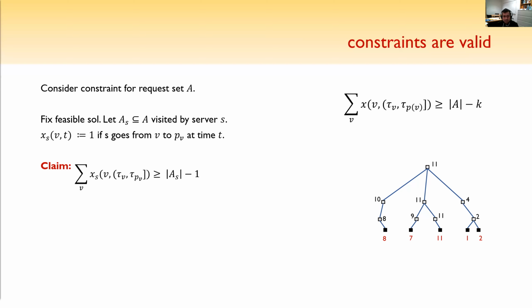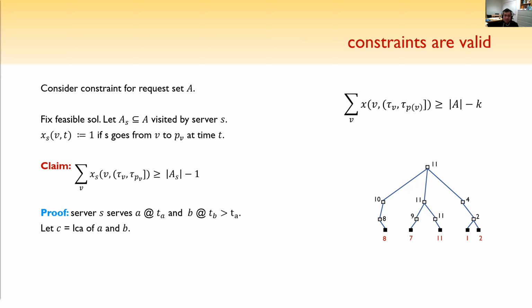And then the crucial claim is that if I sum up the value of x sub v from tau v to tau sub pv over all the vertices v, then that's at least the size of A sub S minus 1. And of course, if this is true, then I can sum up over all the servers and I'll get the constraint. The overall constraint is valid by the fact that it is just the sum of these inequalities over all the servers.